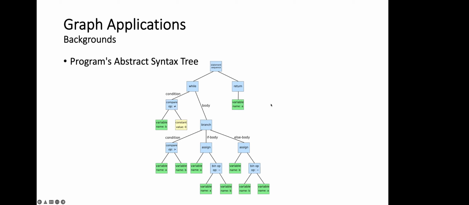Each node in the tree denotes a construct occurring in the source code. For example, in this AST, we have nodes like while and branch. Between while and branch, there is an edge called body. So different nodes are connected by edges, and there are different types of edges and nodes.